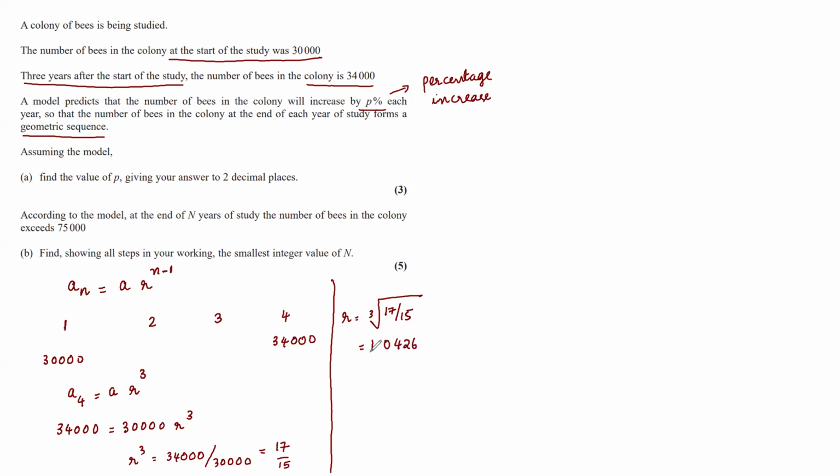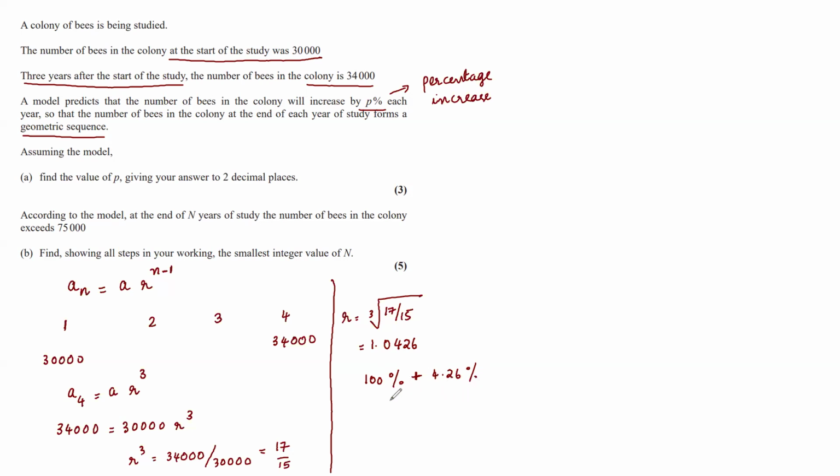1.0426. So now this is the common ratio, and this acts as the multiplier here. So 1.0426 means what? This is 100 percent plus an additional 4.26 percent. That is what 1.0426 actually represents.